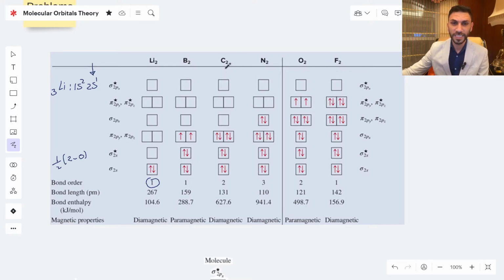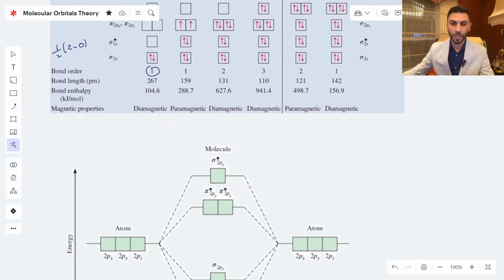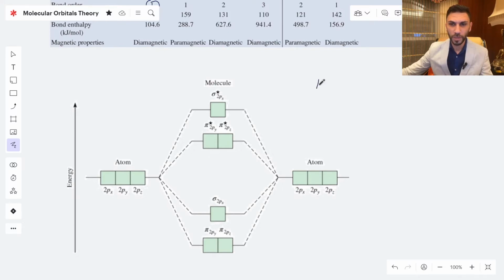Now let's have this example about boron, B2. In boron, we have 5 electrons. So it's going to be 1s2, 2s2, and 2p1. So I'm going to use this diagram here. Look here, when we have p for the first atom and p for the second atom, as we know, each p has px, py, and pz.